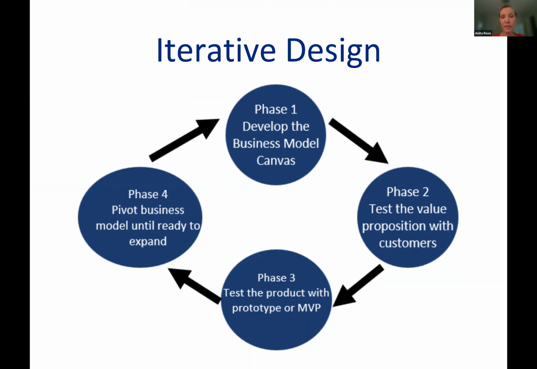So our interactive design: phase one is to develop the business model canvas. Phase two is to test the value proposition with customers. Now we've done our interview, and we've done some preliminary work to gather data as to what problem they may have on a specific topic.